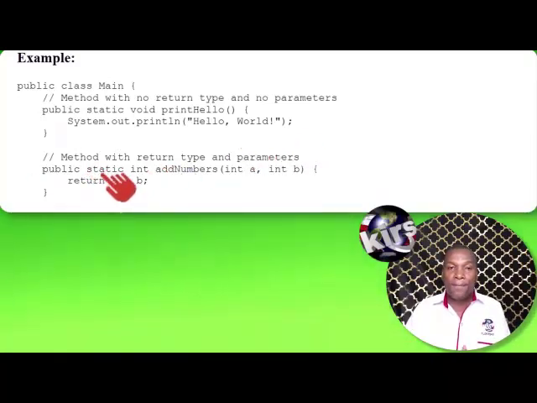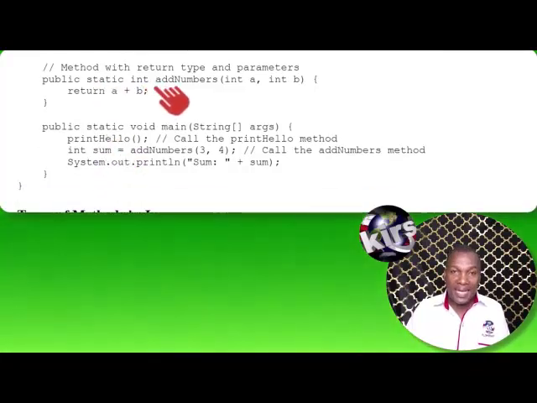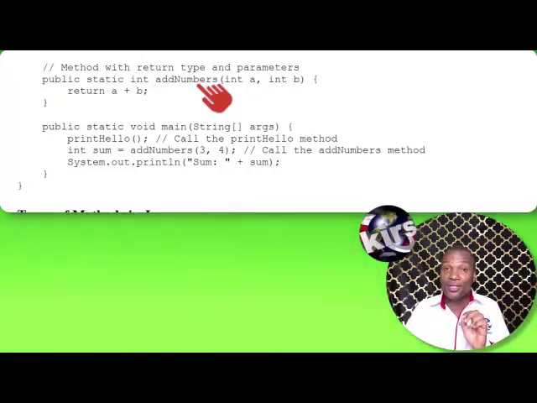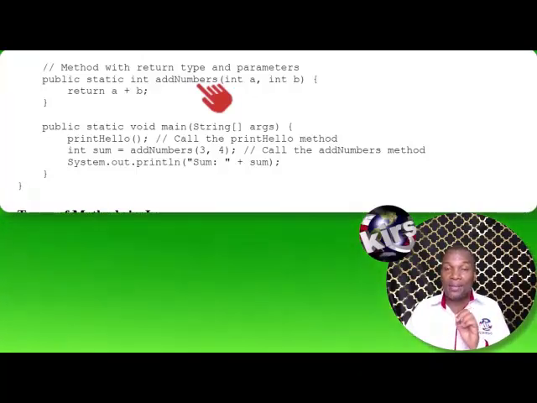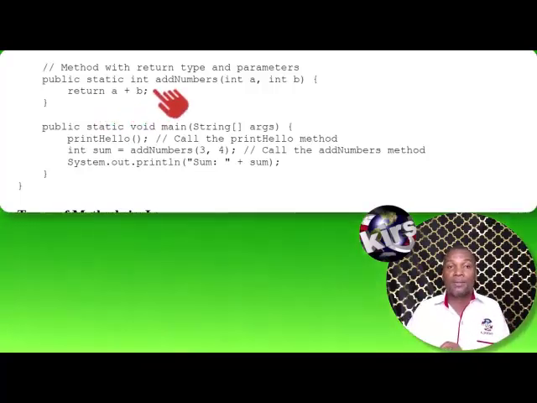Then we have this other part here, public static int addNumbers. This is a method with a return type. This time we have int a and int b. So when it comes to returning, it should return a + b.